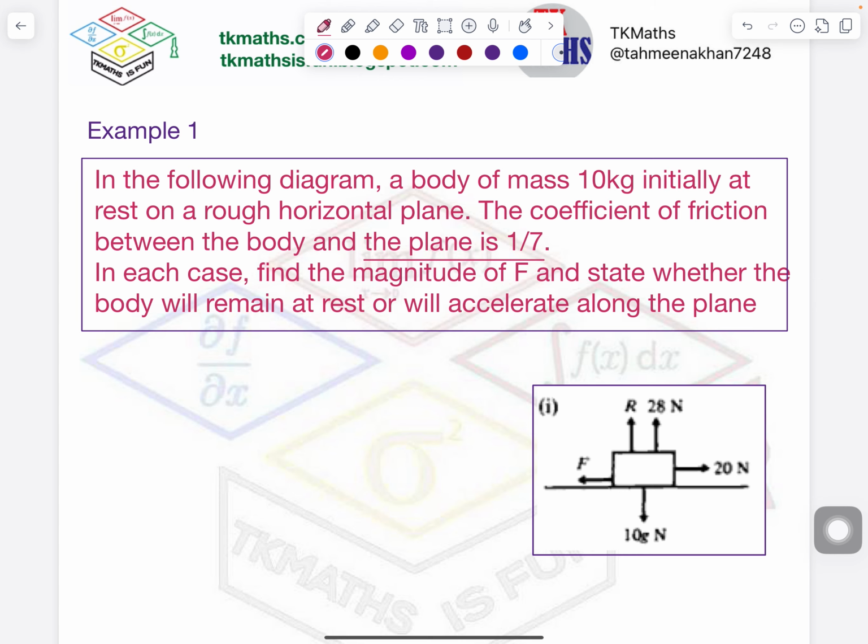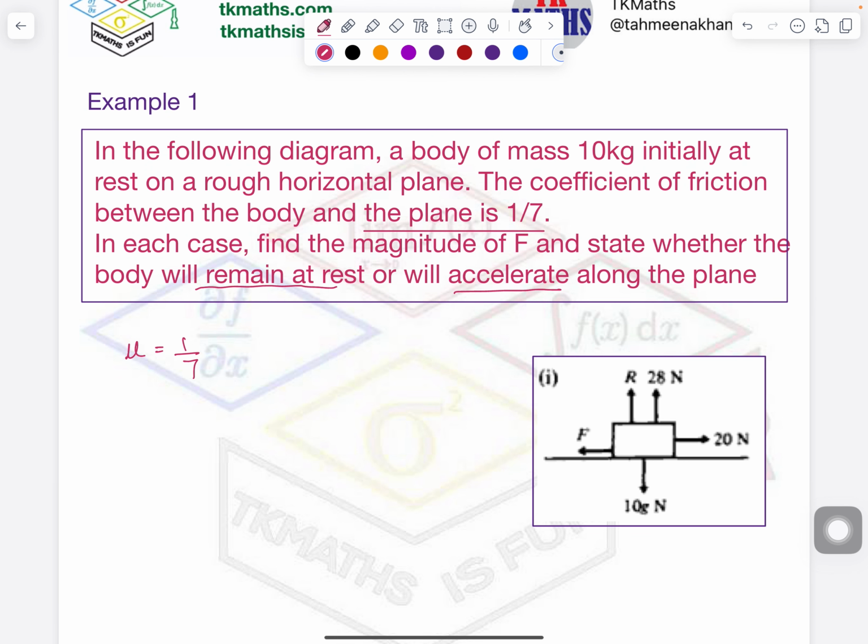So mu is equal to 1/7. We have to find out whether the object will remain at rest or accelerate when the force of 20 Newton is applied on it. So we will find the maximum frictional force and compare it with the applied force, which is 20 Newton.